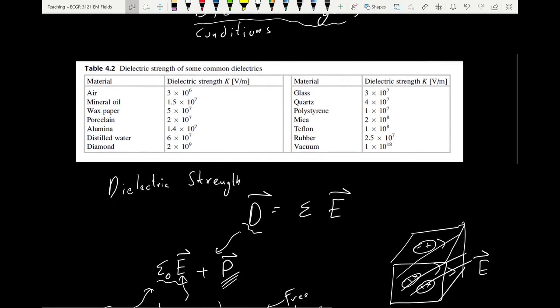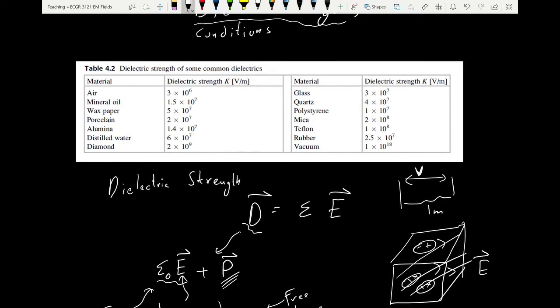So for example, for air, it's 3 times 10 to the power 6, which is 3 million volts per meter, meaning that if you have 1 meter of distance, the potential difference between those 2 points is enough to ionize the air molecules, cause the atoms in the air to break and the electrons and protons to start flowing freely, meaning the air turns into a plasma.